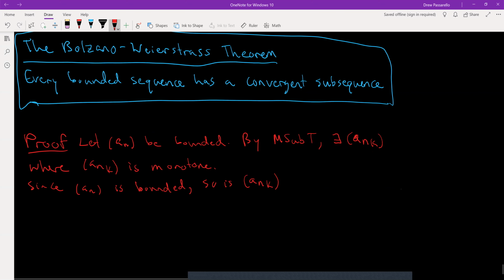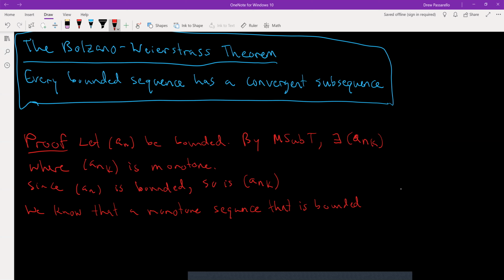And we know that if we have a monotone sequence that is bounded, then it converges.